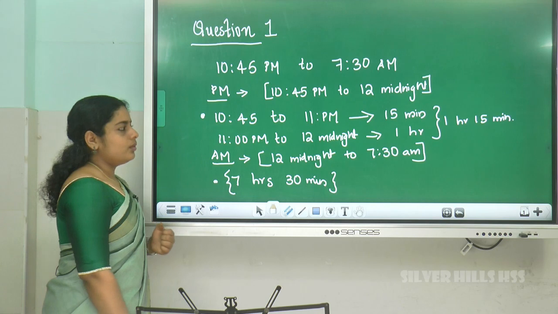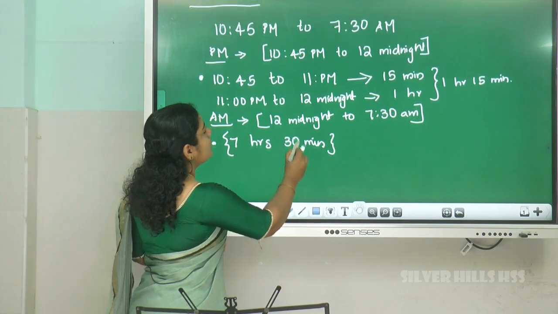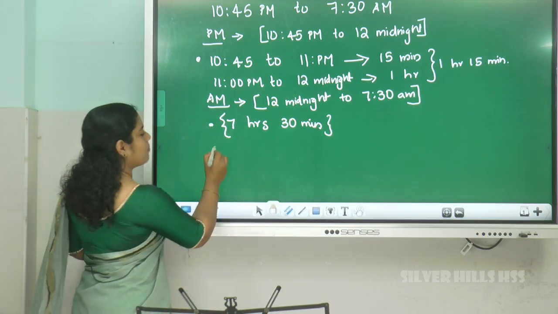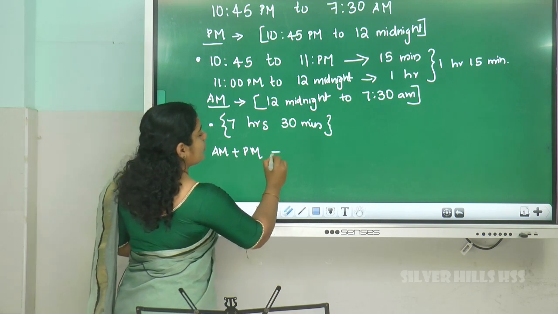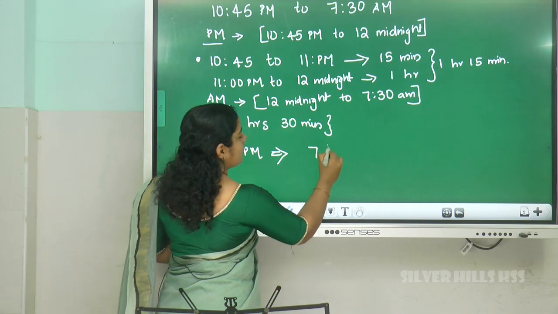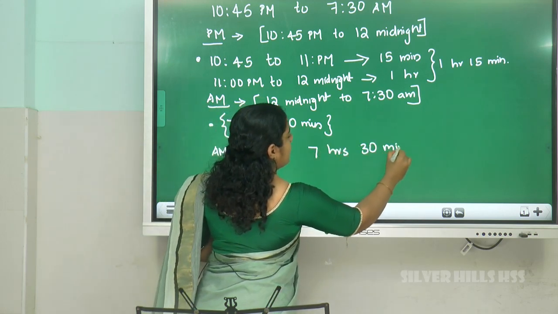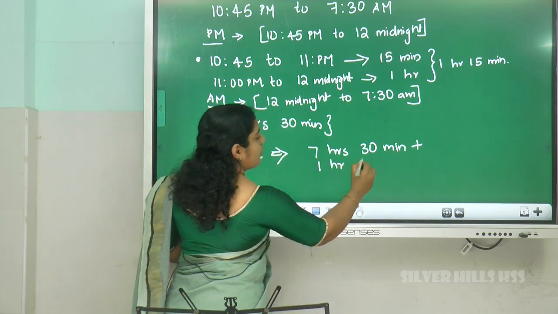Now, to get the total time of journey, we will add the time in the AM part and PM part. So, we have the AM part, which is 7 hours 30 minutes, plus the PM part, 1 hour and 15 minutes.